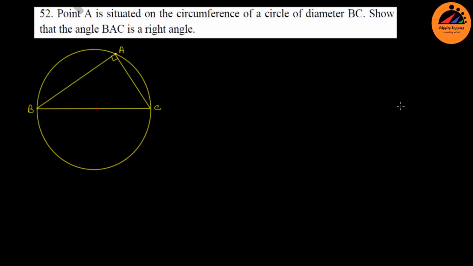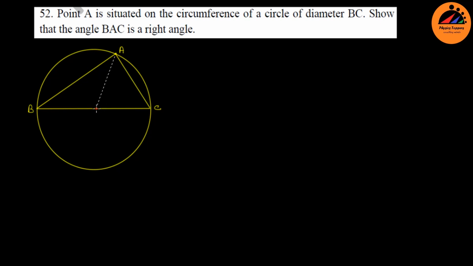So what we shall do is we shall join the center with A. Let's join that. Let me draw this line properly. Yeah.